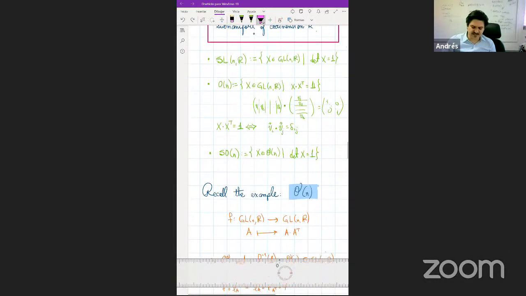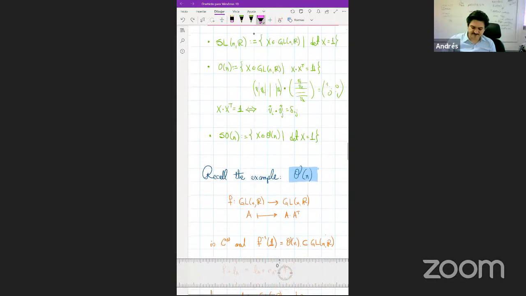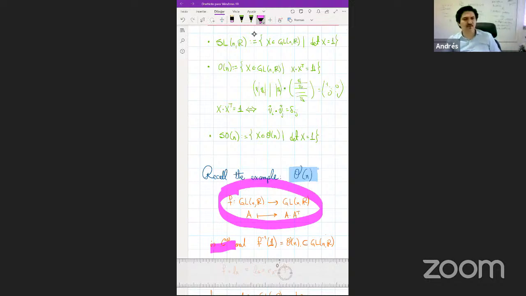Good. Now, let's get back to this. The set of orthogonal matrices is a proper subset of the group of non-singular matrices. Now, I have said that this function is smooth, in particular, is continuous.